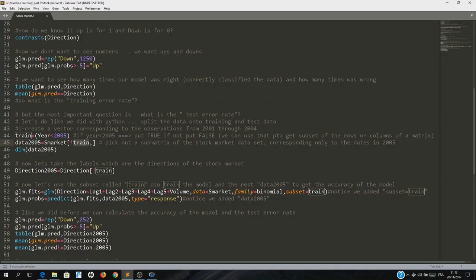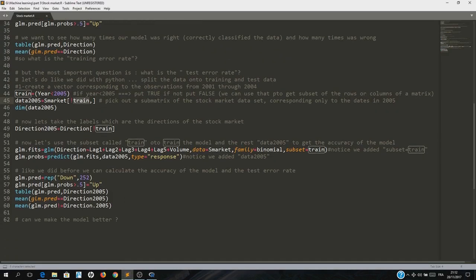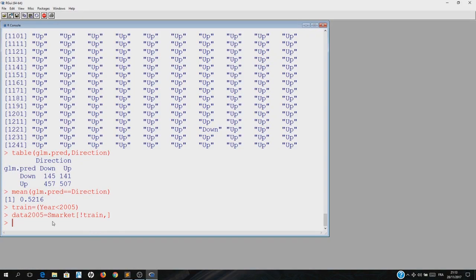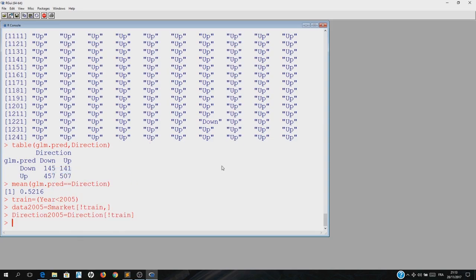Okay. So let's take the labels, which are the directions of the stock market, and this is taking the labels of all the test data, and I called it direction 2005 because it's the directions of the year 2005 test data. Now we have the x's, the features, and we have the directions.